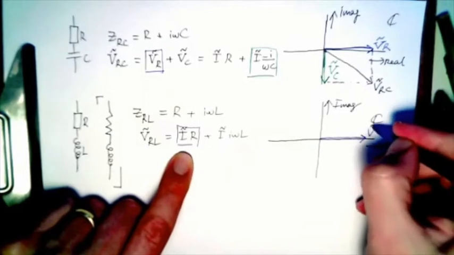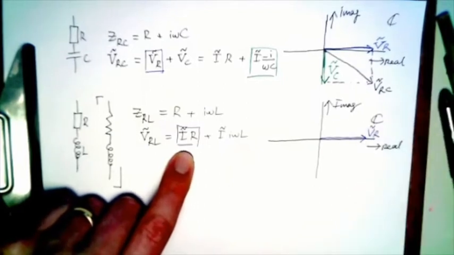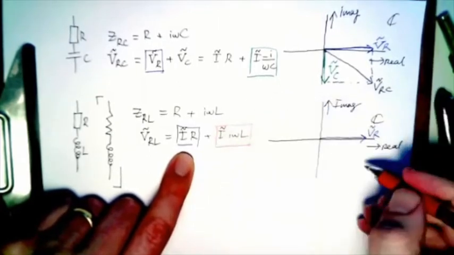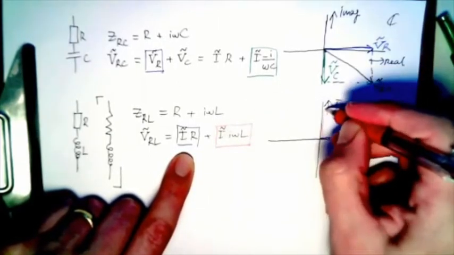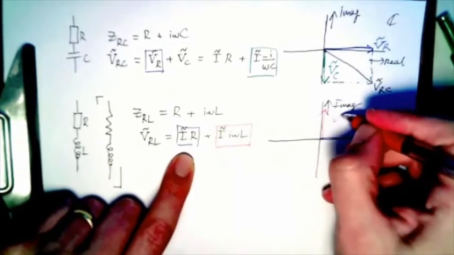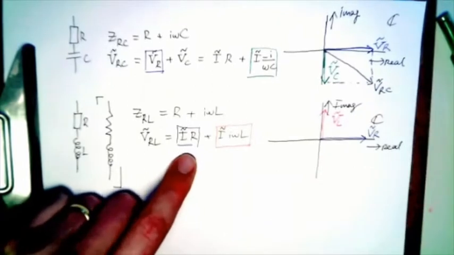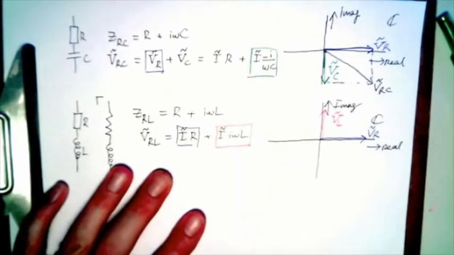This is V of R. And now our inductor is leading the current, so it's pointing up, because it's in the positive direction.